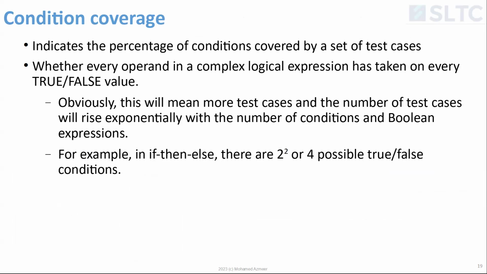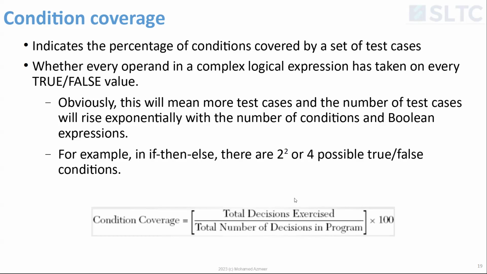Right. Next is called condition coverage. What does that mean? Conditions are decision-making conditions, isn't it? If then, switch case and stuff like that. So we need to see how many conditions are there. Out of that, how many are being run. So to calculate the total number of conditions, it's actually 2 to the power of number of conditions. So if you have 2 conditions, then you have 4 possibilities, right?